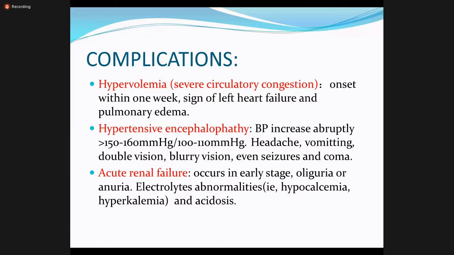The common complication in post-streptococcal glomerulonephritis is hypervolemia due to retention of water and increased circulatory congestion, usually with onset within 1 week. They present with signs of congestive cardiac failure and pulmonary edema, that is, breathlessness, edema, and decreased urine output.